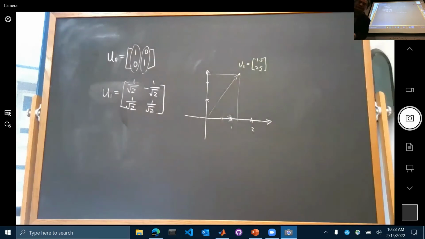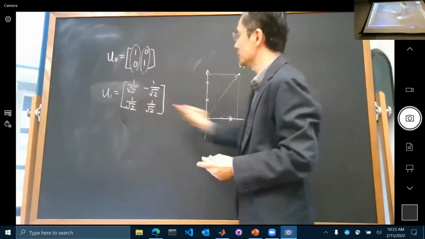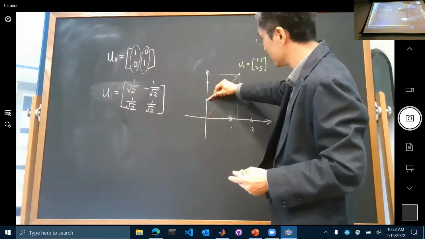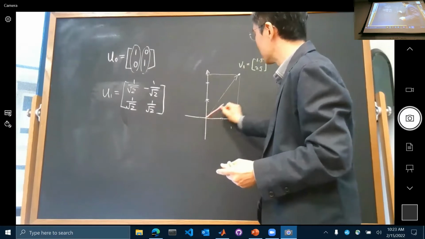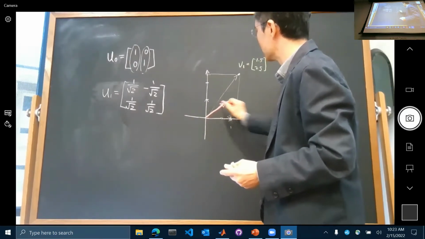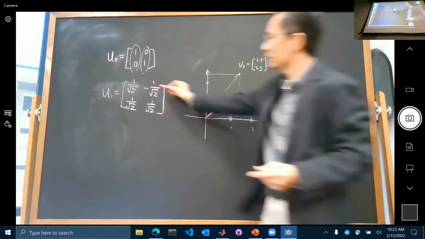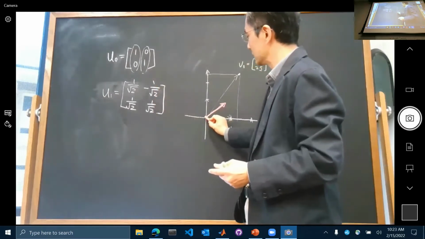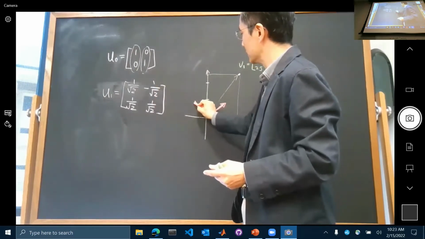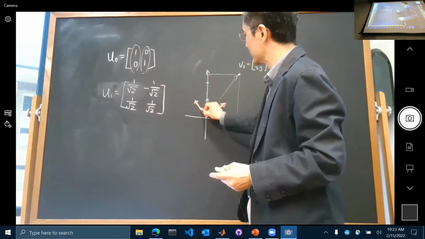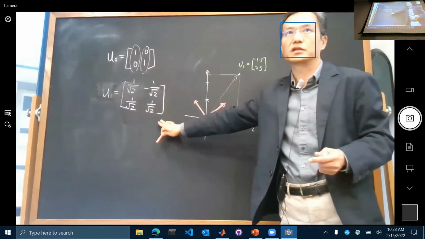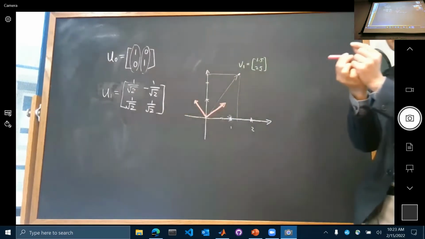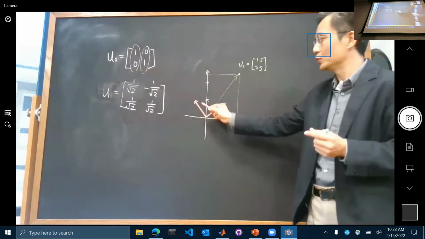You can see this position is here, the circle, and this position is here. So I actually use another unit vector, and two of them combined make a new coordinate system.